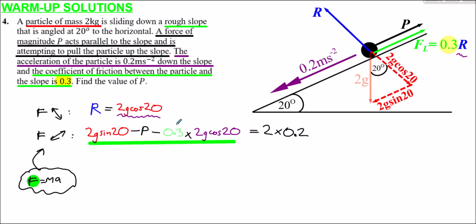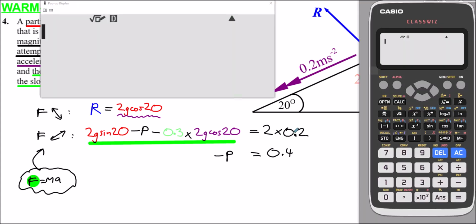So all this here, apart from P, is just going to be a number. And on the right-hand side, 2 times 0.2 is 0.4. So the red and this green and purple is going to be a number. So we're going to have minus P at the end. So let's just work out what this value is here. So if I just do 2 times g, now g is 9.8.